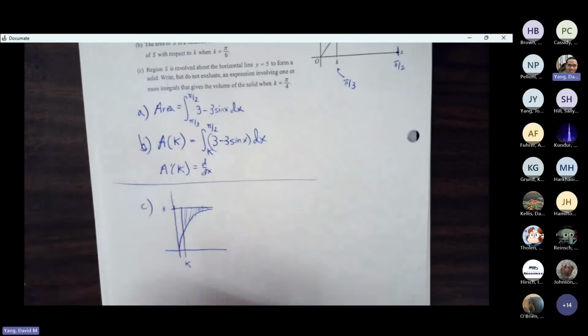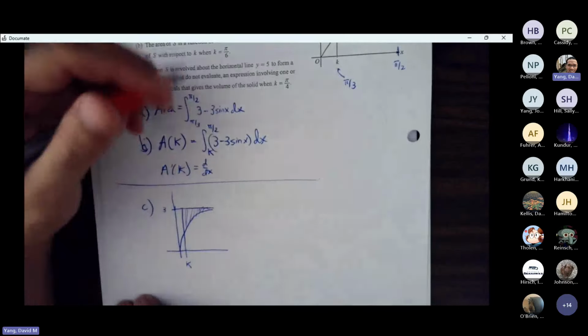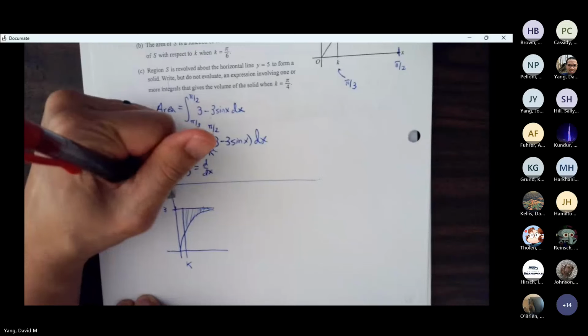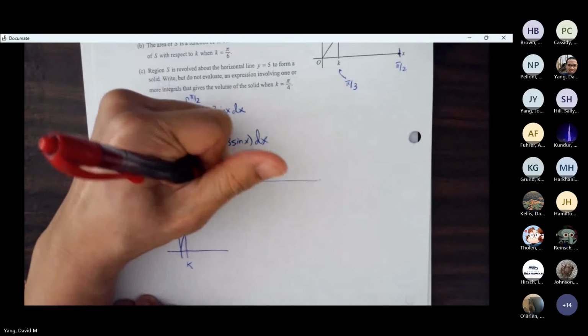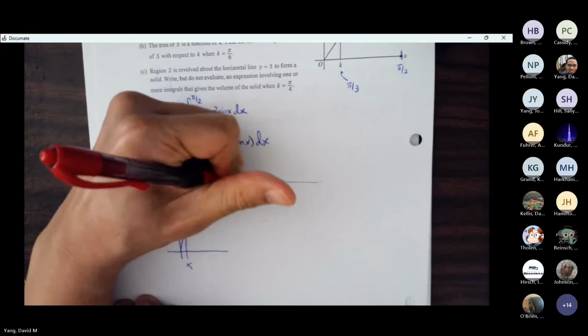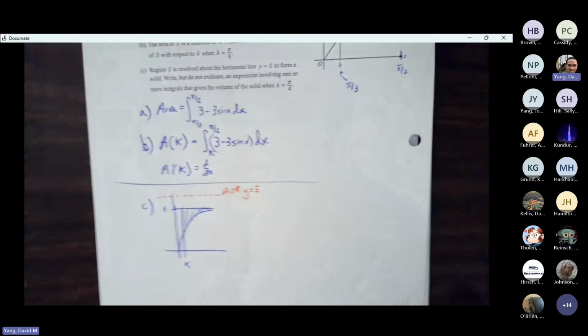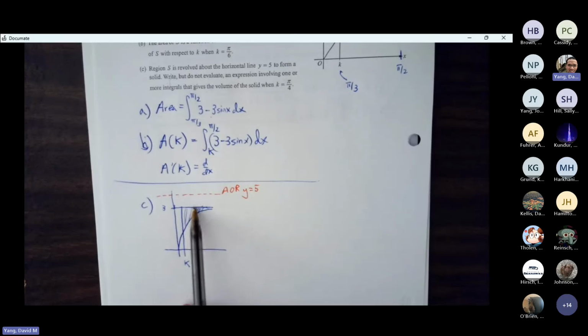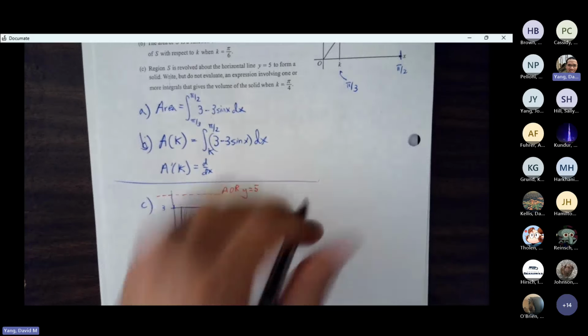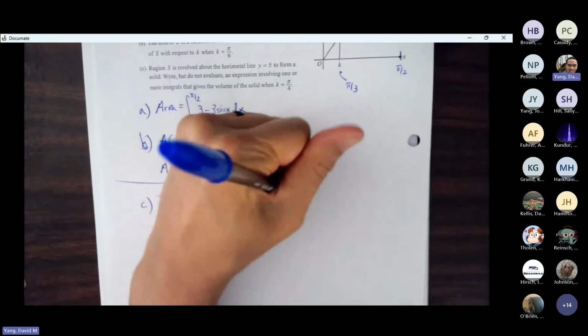Okay, so there's my shaded region. I'm rotating this about the line y equals 5. Now the axis is clearly off of the shaded region. There's a gap, and because of the gap, and we're doing rotation, we know this is going to have to be the washer method, right?